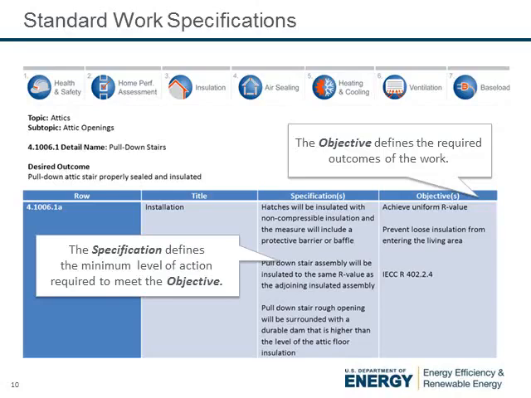The hatches need to be insulated with non-compressible insulation, and you have to have some sort of protective baffle or barrier. The pull-down assembly will be insulated to the same R value as the adjoining insulated assembly, and the roof opening needs to be surrounded with some sort of dam so the insulation doesn't fall on people's heads. So, very clearly, what do we want, and how do we achieve it? That's the standard work specifications in a nutshell.